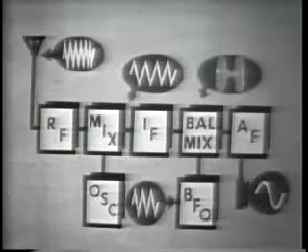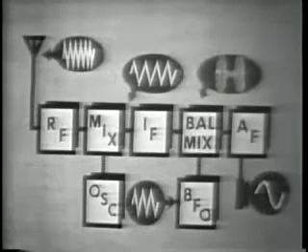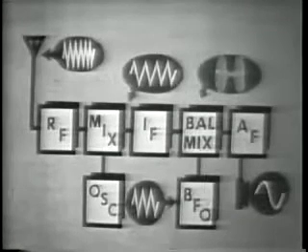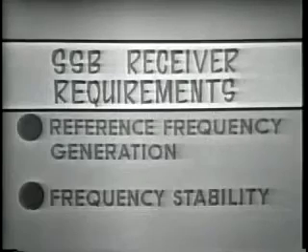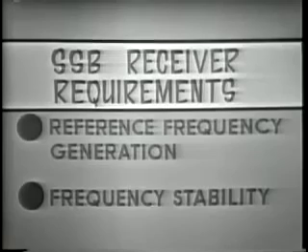This restores the AM wave shape, since the phase relationships now produce the original audio variations. And of course, the audio variations are selected and amplified by standard audio circuits. So the requirements of a single sideband receiver are reference frequency generation and excellent frequency stability. And that is single sideband in a nutshell.